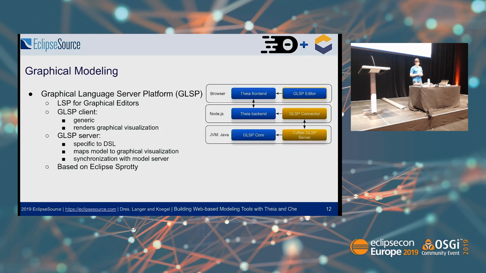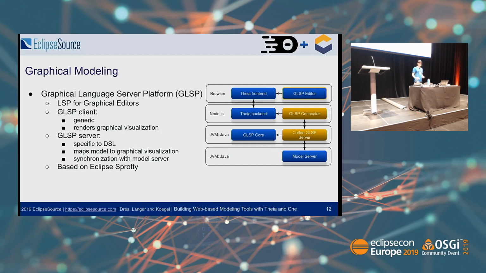And this one also connects to the DSL-specific GLSP server. The GLSP server can use components from GLSP core to fulfill its duty, but more importantly, connects to the ModelServer. So if you think about it now, it needs to look at the different activities that are there, read them in. It needs to see whether an activity is connected to another activity. If that is the case, it needs to tell the client to draw an edge, for example.